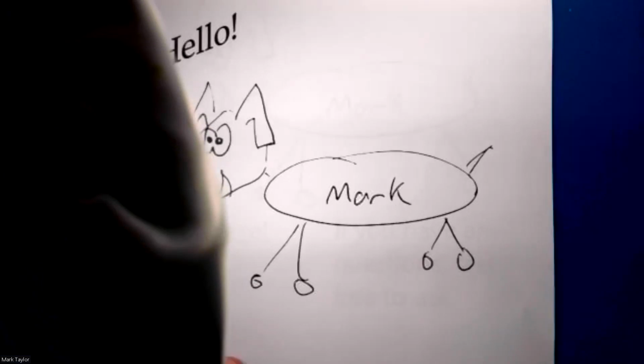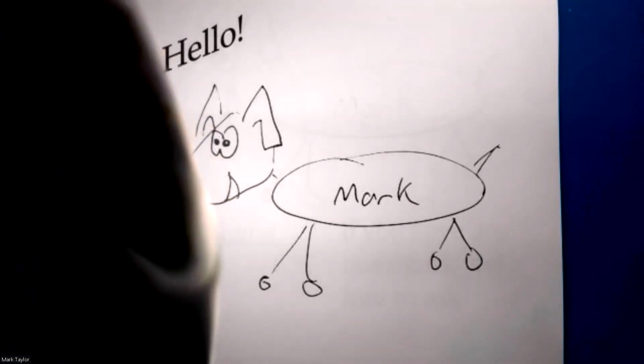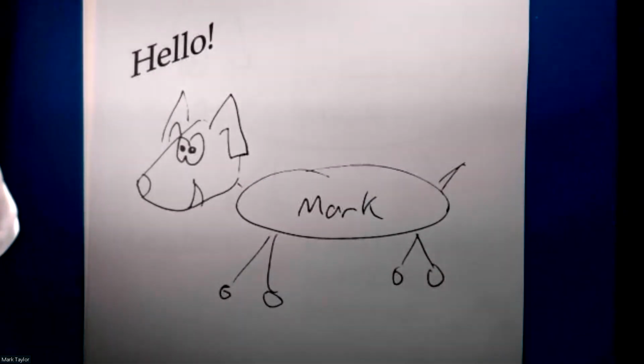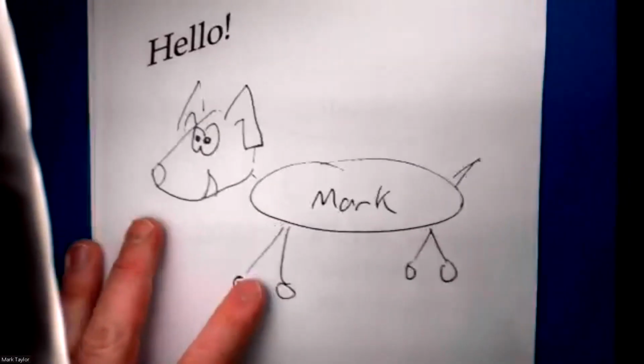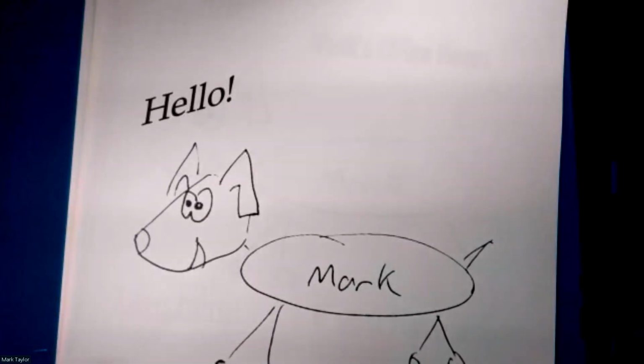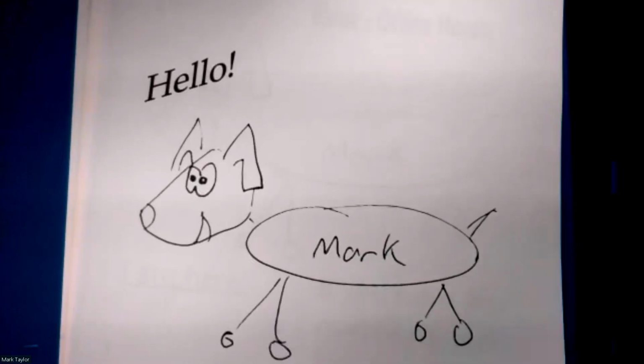Hey. Oh, hold on a second. Green thing here yet.